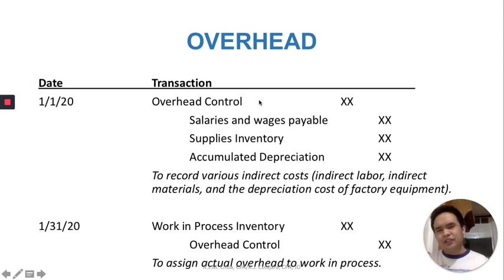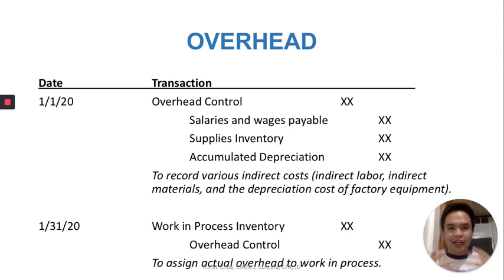Kapag other things, not limited to this. Kung magbayad ako ng kuryente, edi debit overhead control, credit utilities payable. So, pwedeng ganun. Siyempre, kung bayaran ko yung kuryente cash diretso, edi debit overhead control, credit cash. Whatever it is, the overhead costs, papasok muna sa debit overhead control. So, yun yung unang mangyayari.